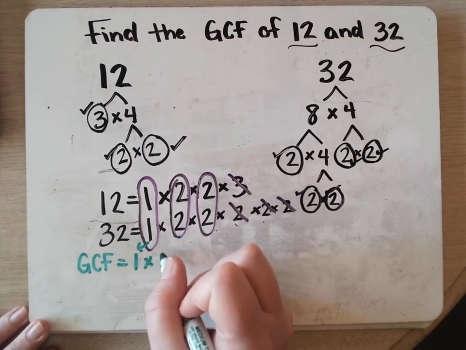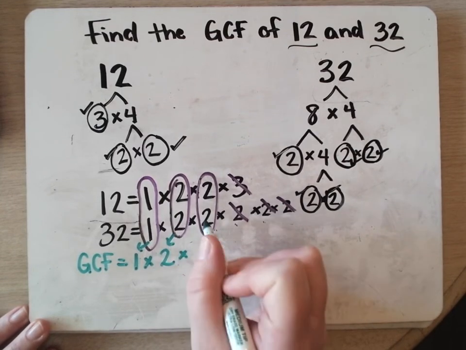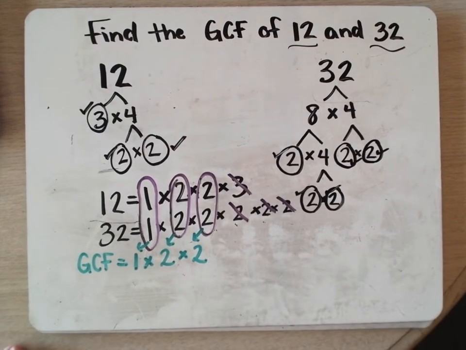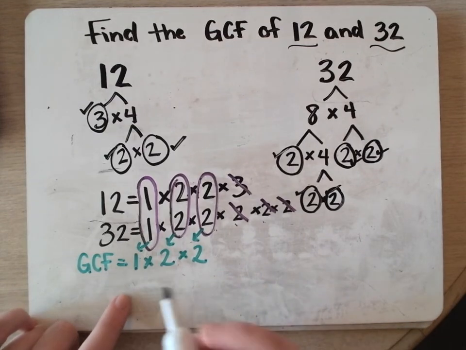Then I pull out 2 from this pair, times, then I pull out another 2 from this pair.